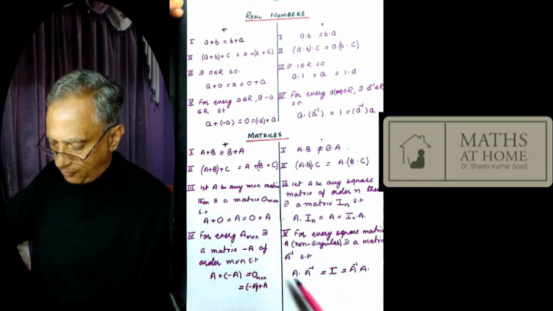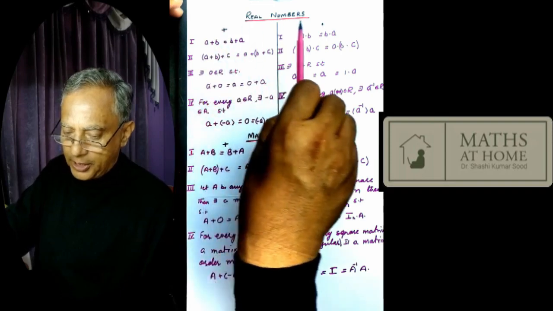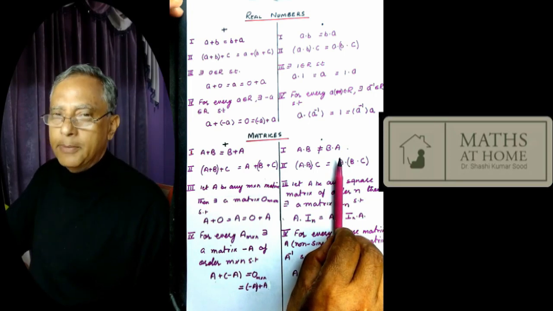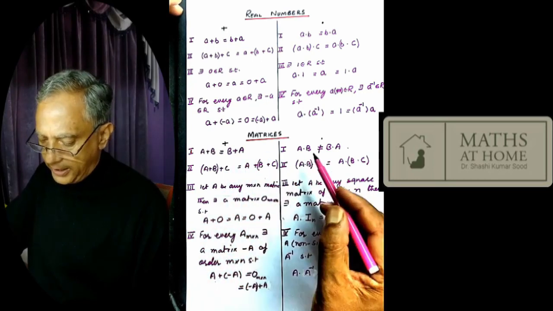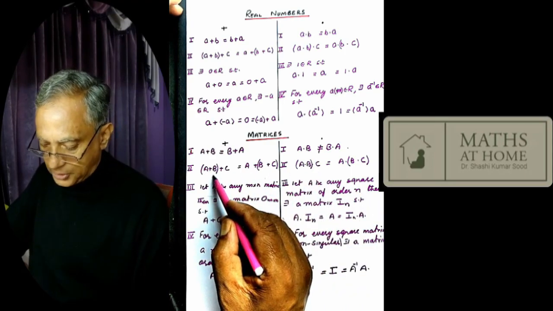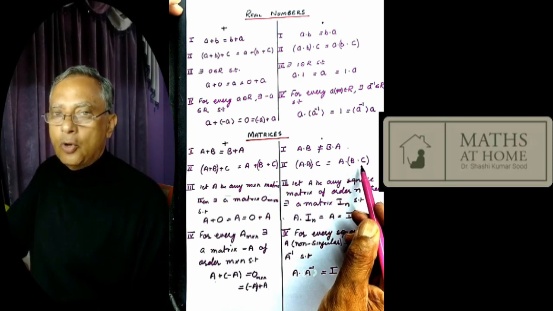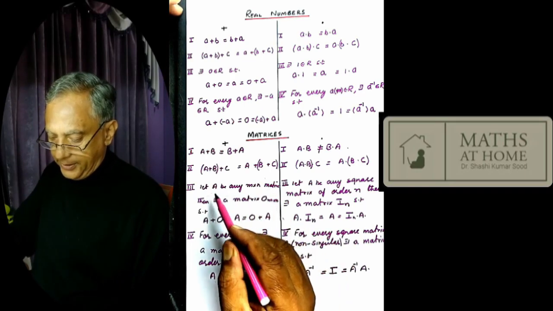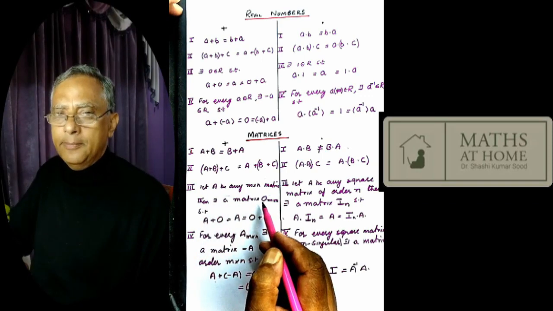Now these are the fundamental properties of addition in real numbers, multiplication in real numbers, addition in matrices, multiplication in matrices. This is commutativity for addition, commutativity for multiplication is not true. Associativity for addition is true, associativity for multiplication is also true. Existence of identity. Now in addition, there exists identity for all the matrices.